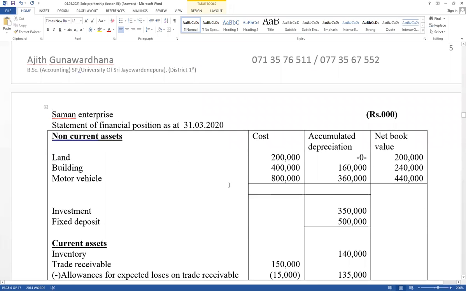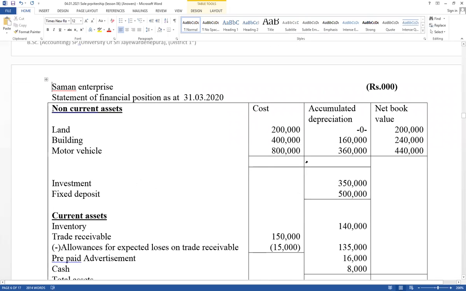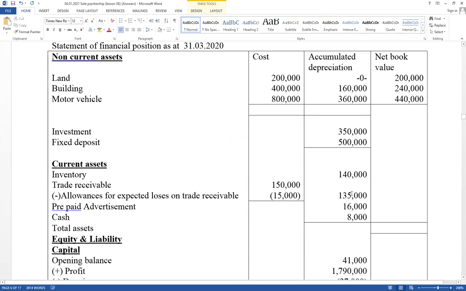Think about non-current assets. Cost value should be included first column: land, building, motor vehicle. And accumulated depreciation. Then cost minus accumulated depreciation, net book value can be calculated. Then investment and fixed deposit in between current and non-current assets, second column. And think about current assets, inventory.